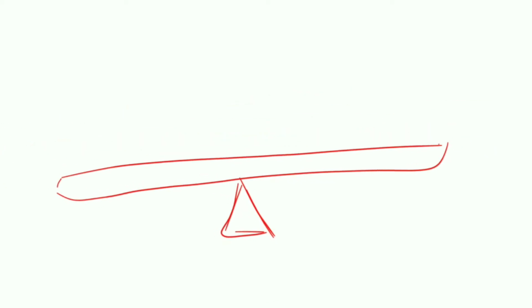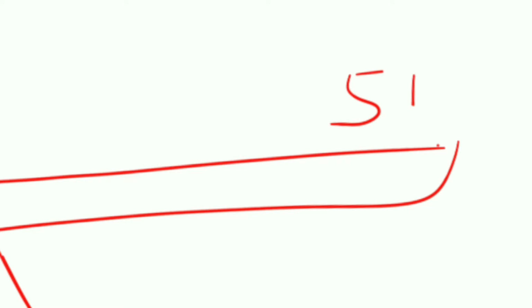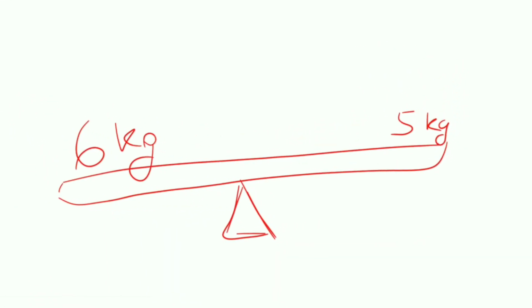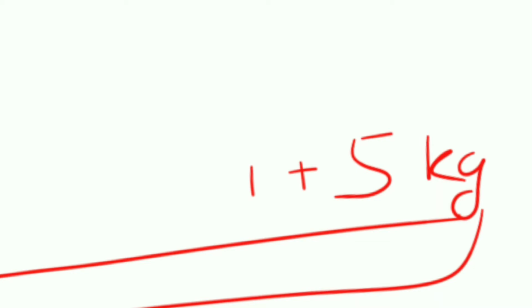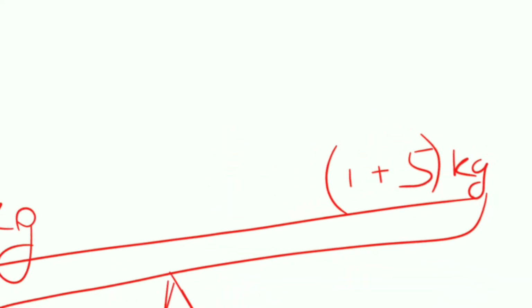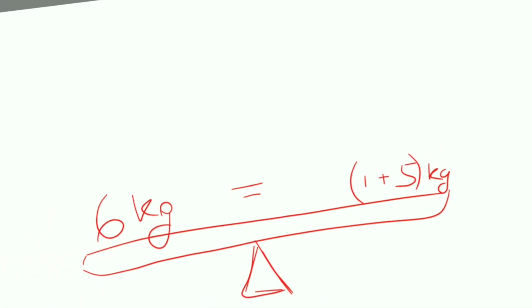Let us imagine that on the left hand side I am putting a weight of 6 kg and on the right hand side I am putting a weight of 5 kg. Are they equal? No, right? They are not equal. Now on the right hand side, if I add 1 kg, then both of them will be equal. So we call them balanced.